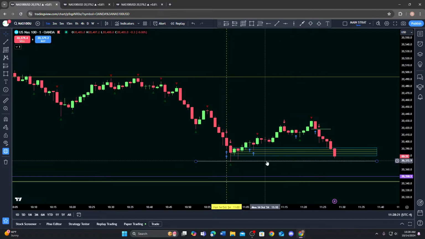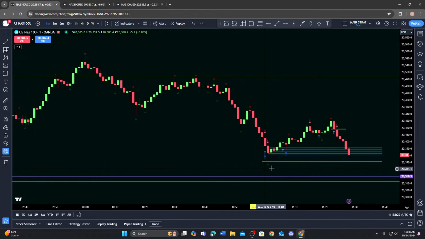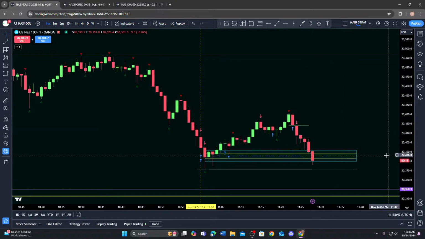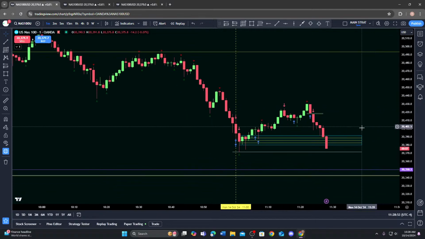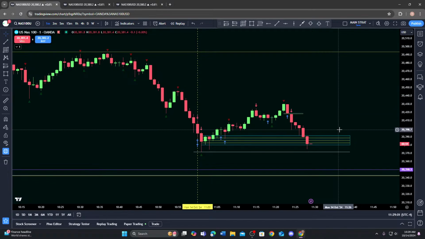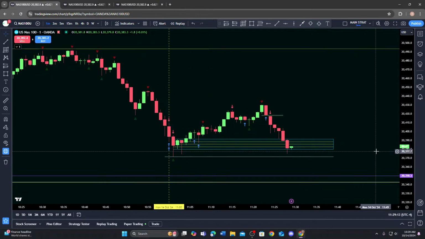All right, so we are dipping down. Showing some support, and price is being supported by this order block here.